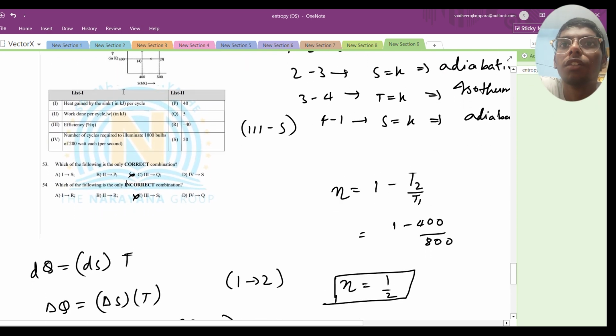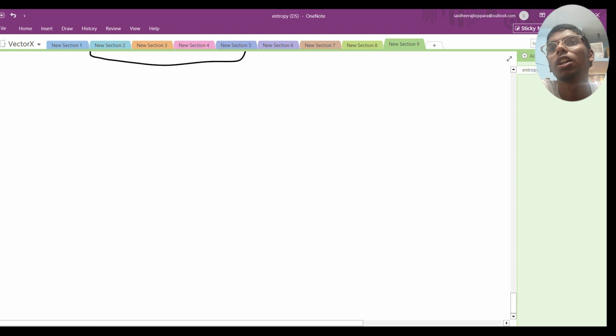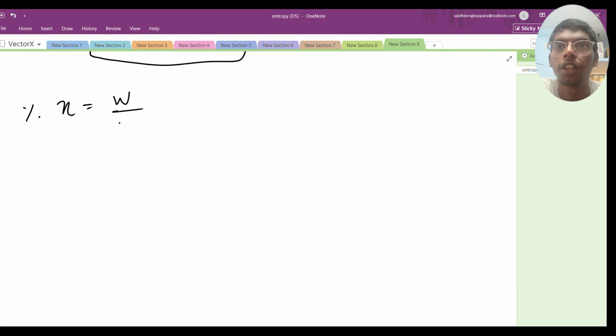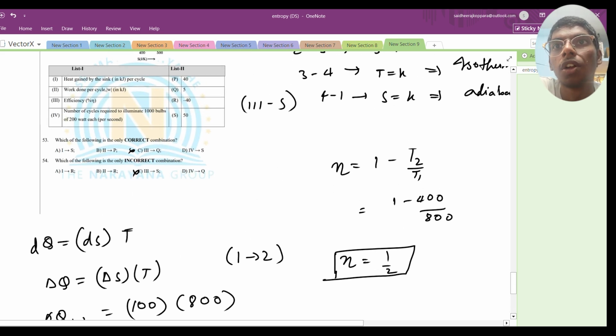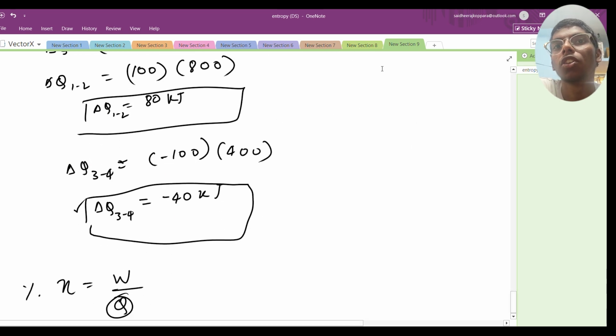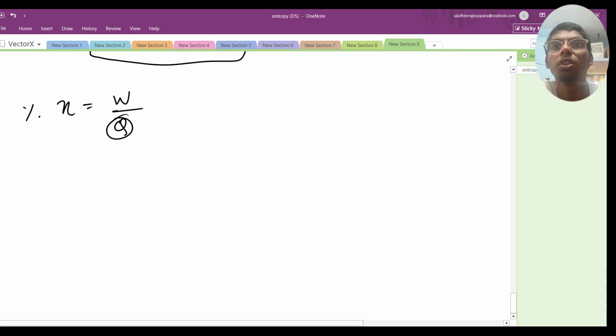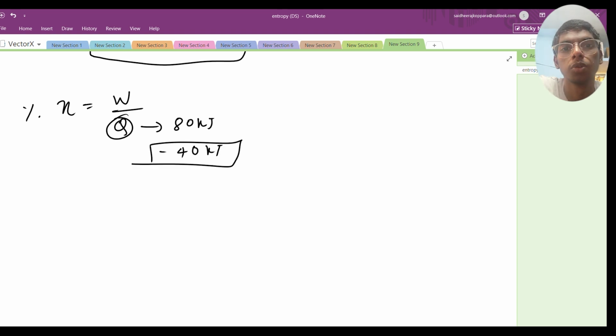Next thing is to calculate work done. Percentage efficiency is always work done by total heat, and this is your positive heat. Here you are only going to use your positive heat, that means you will just be using your 80 kilojoules, not the minus 40 kilojoules. That's basically what the sink has absorbed while the process was going on.